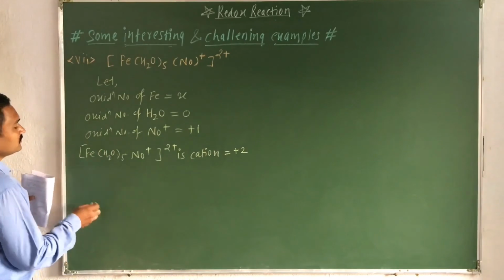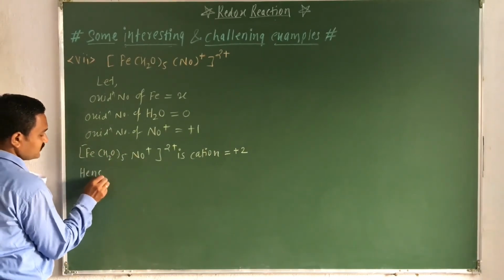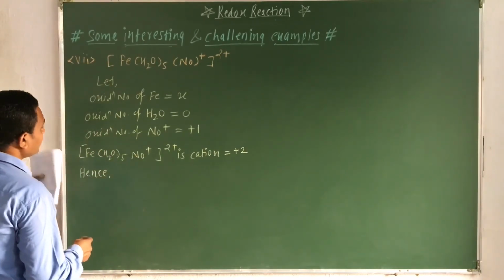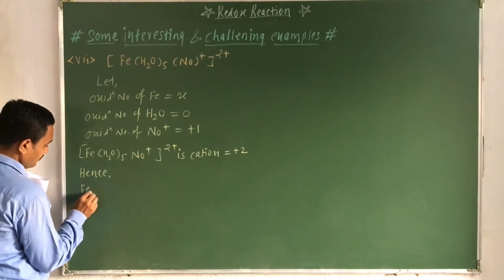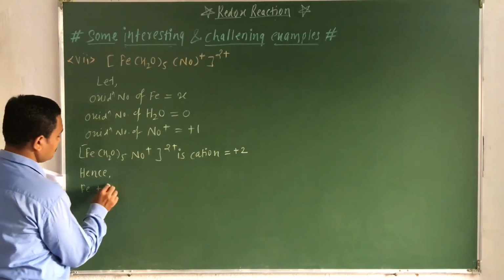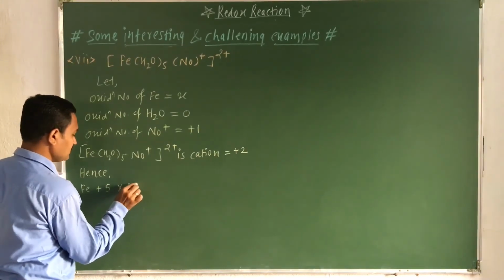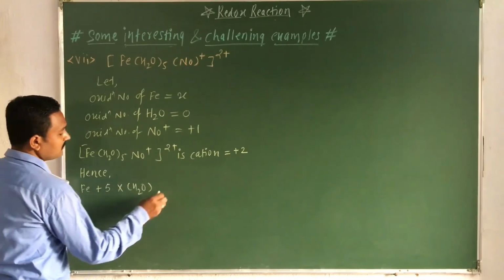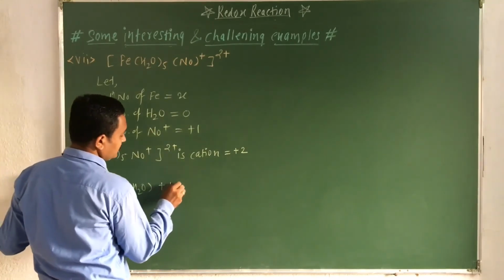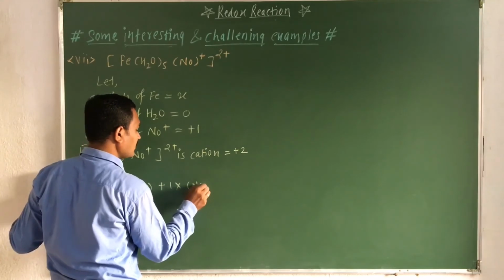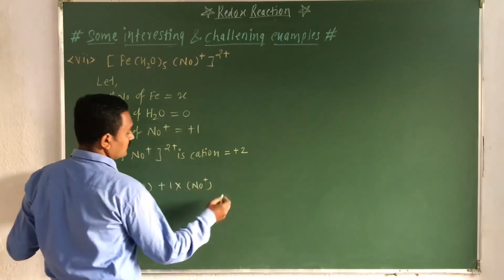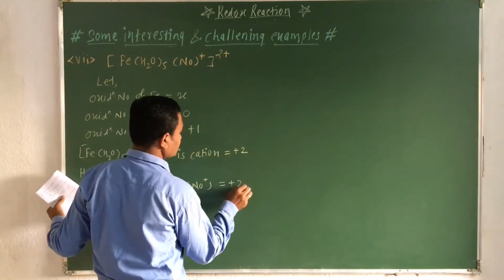Now write down the equation. Hence, we can write the oxidation number of Fe plus 5 into the oxidation number of H2O plus 1 into the oxidation number of NO+, which equals plus 2.